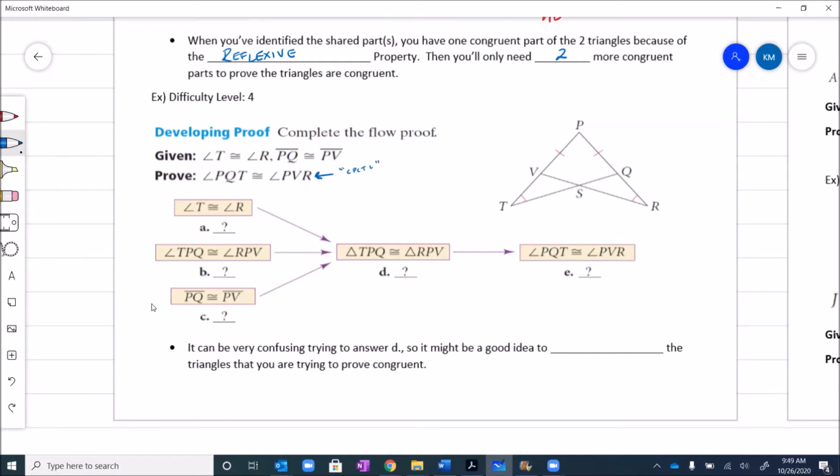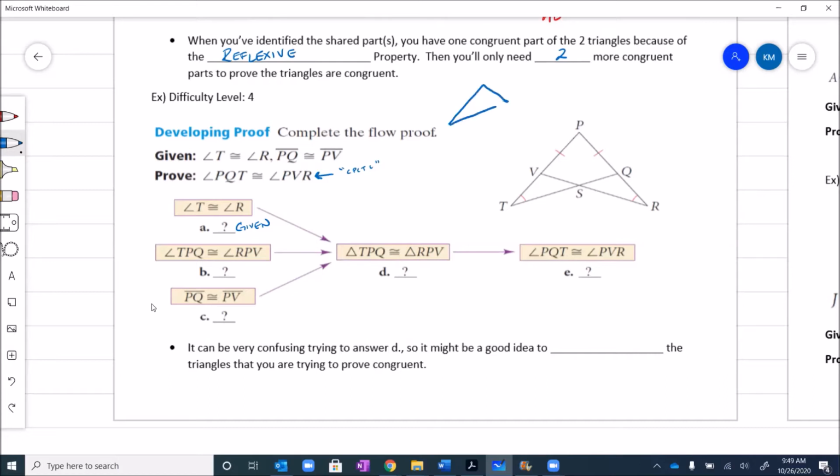So let's walk through this proof. Angle T is congruent to angle R. We know that because it's given information. Angle T, angle R, already marked for us. Okay, angle TPQ is congruent to angle RPV, because, well, as we look at these two triangles, TPQ, RPV, what I'm going to do with overlapping triangles a lot of times is I'm going to redraw my triangles.